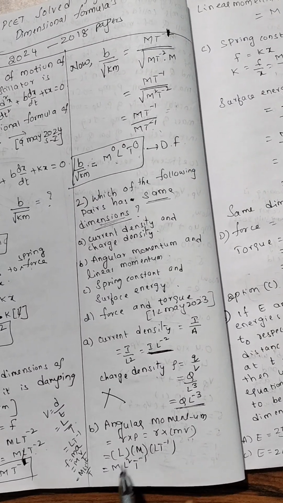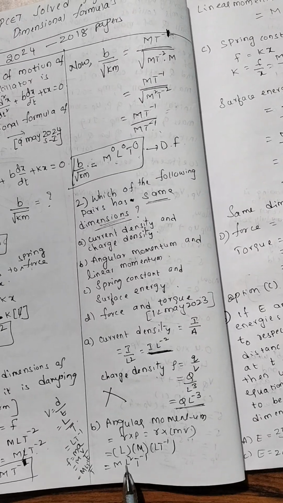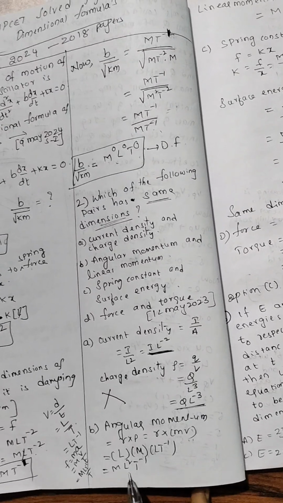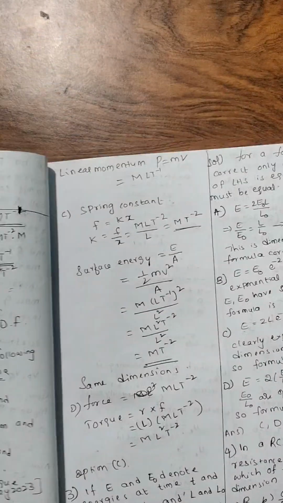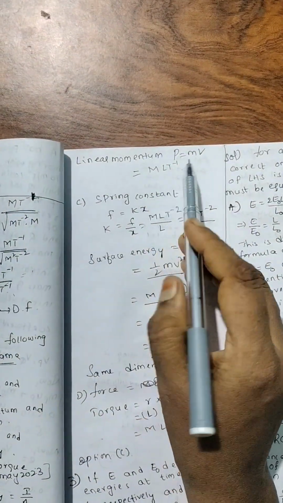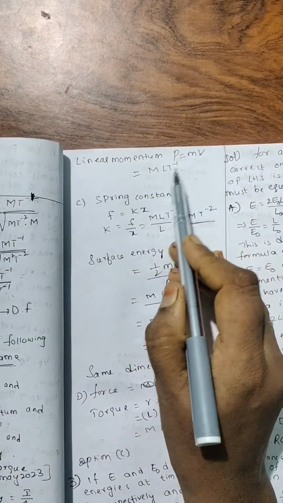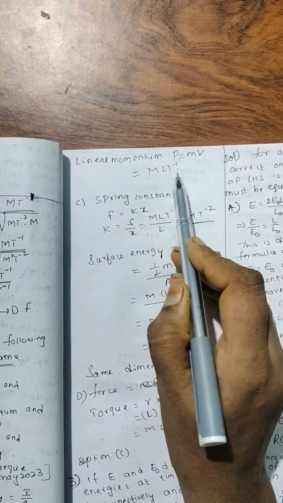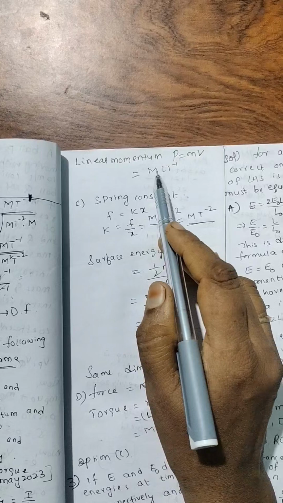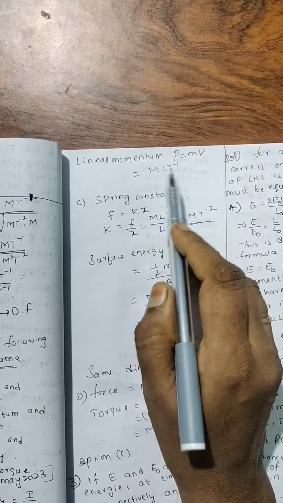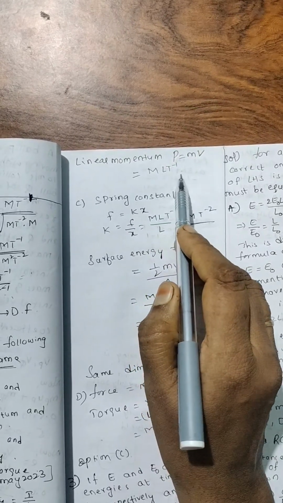So now we got M, L into L, that is M L² T^-1. This is the dimensional formula for angular momentum. And for linear momentum, mass into velocity: mass M, velocity LT^-1. So for angular momentum we got M L² T^-1, and for linear momentum M L T^-1.